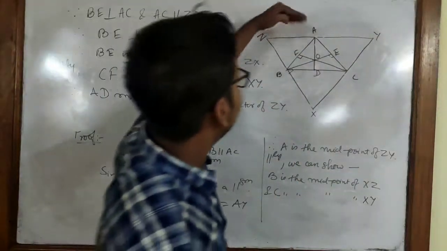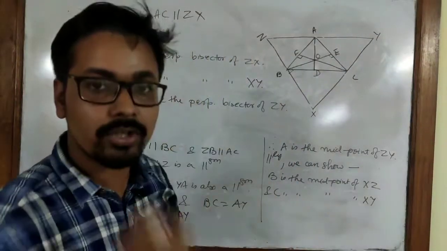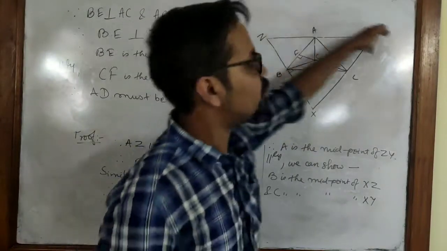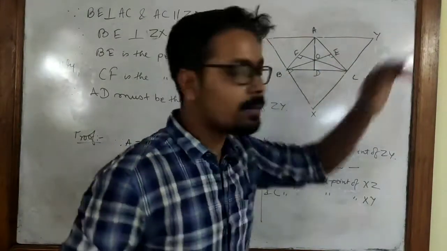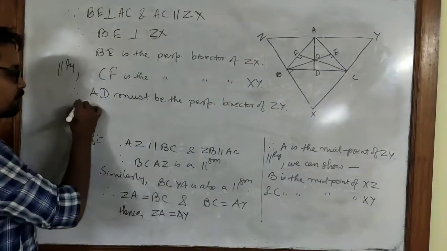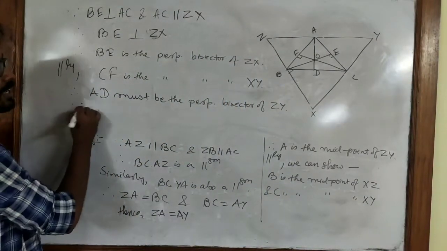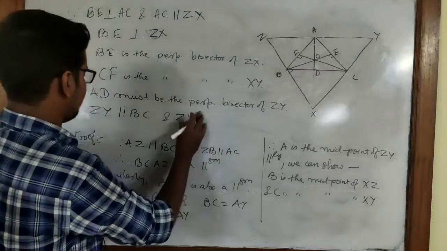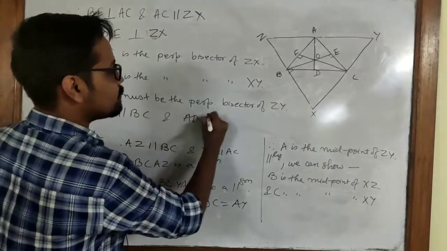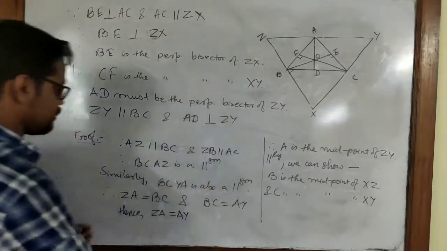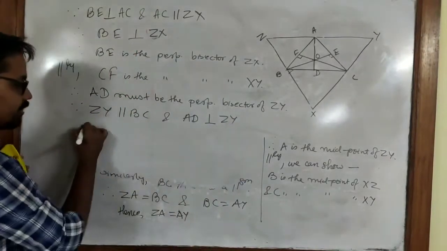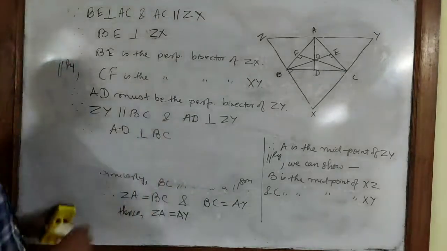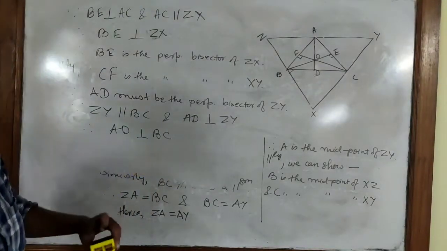Now we have said that ZY is parallel to BC in our construction. As ZY is parallel to BC and AD is perpendicular to ZY, therefore AD is perpendicular to BC. This is what we had to prove.